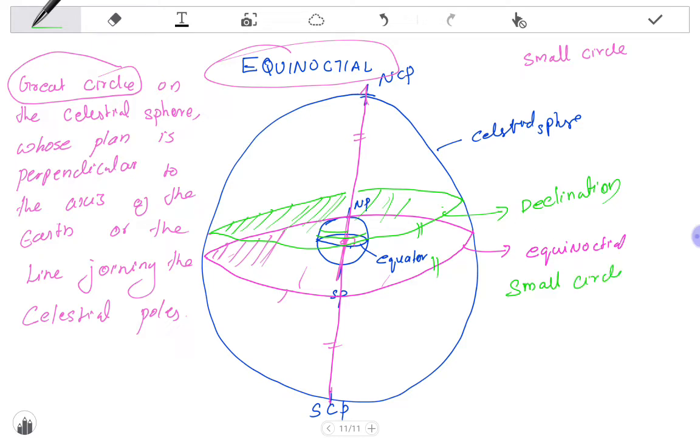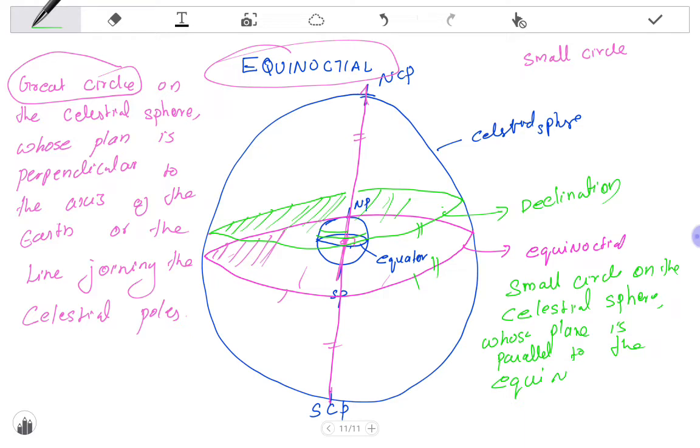It is a small circle on the celestial sphere whose plane is parallel to the equinoctial.